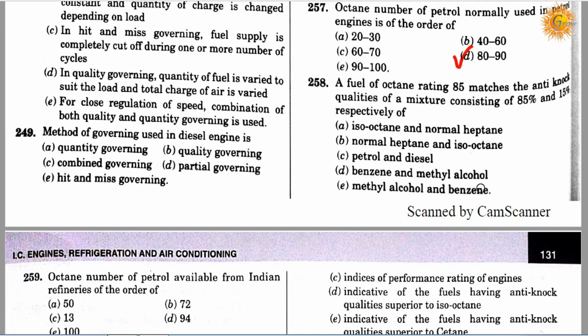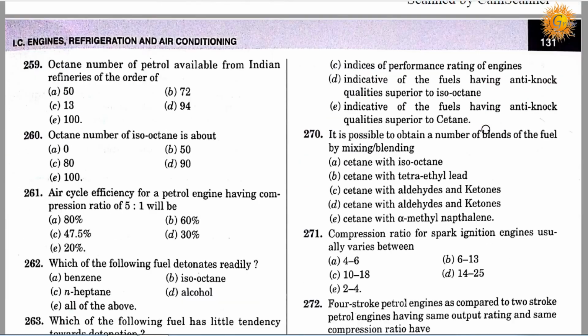So the correct answer will be A, isooctane and normal heptane. Question number 259. Octane number of petrol available from Indian refineries is of the order of: option A, 50; option B, 72; option C, 30; option D, 94; option E, 100. So the correct answer is C, it's only 30.